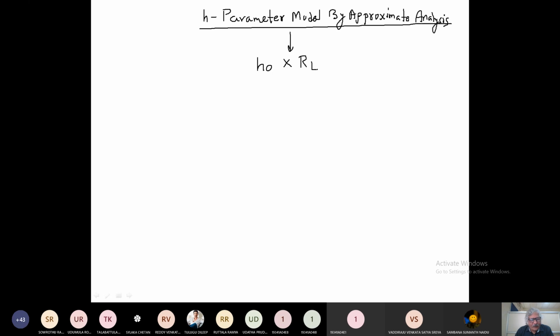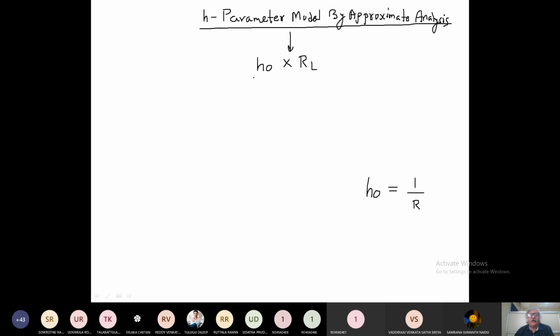You take that value and the value of HO and multiply them. HO is equal to 1 by R, because it is admittance, the reciprocal of resistance. So if you multiply HO with RL, you will get a unitless quantity.